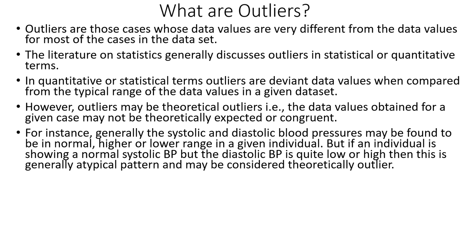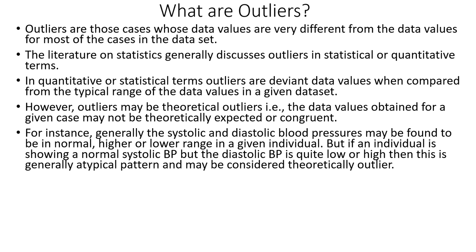And 120 by 80 is considered the average, and if systolic is less than 140 and diastolic is less than 90, so up to 139 and 89, that is also considered the normal range. And generally we observe that if an individual's systolic blood pressure is high, then diastolic is also high.